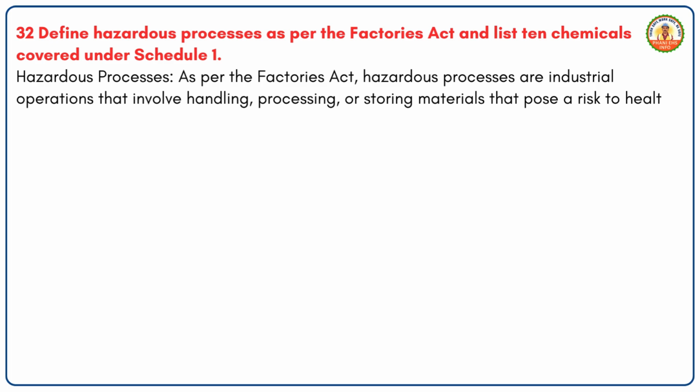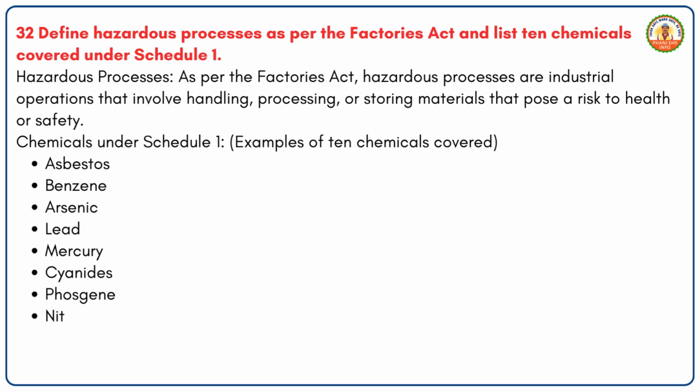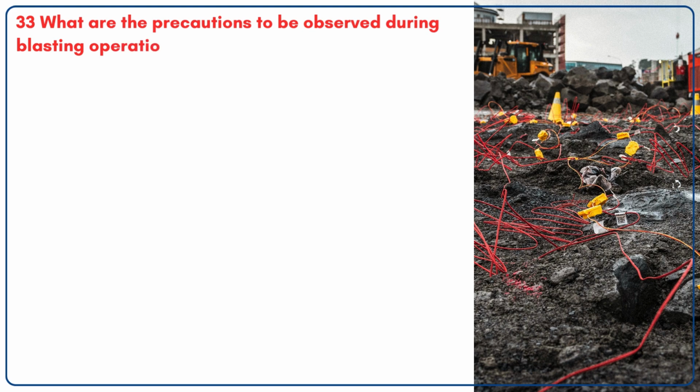Examples of 10 chemicals covered: asbestos, benzene, arsenic, lead, mercury, cyanides, phosgene, nitric acid, sulfur dioxide, formaldehyde.